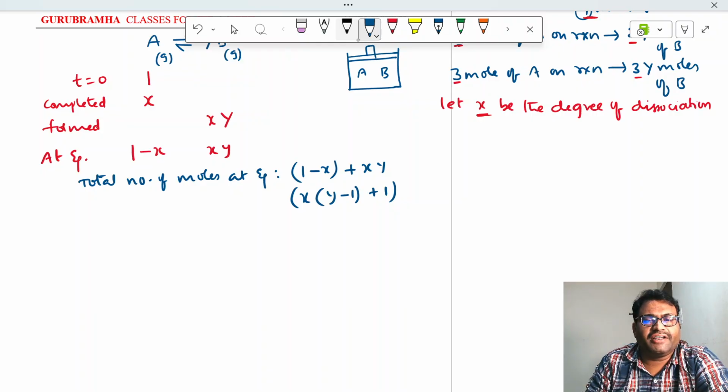So total number of moles at equilibrium is X(Y minus 1) plus 1.